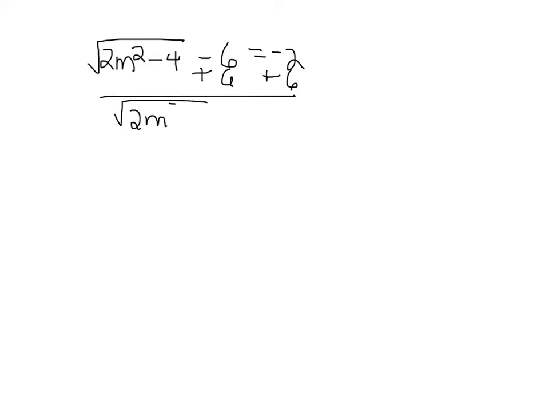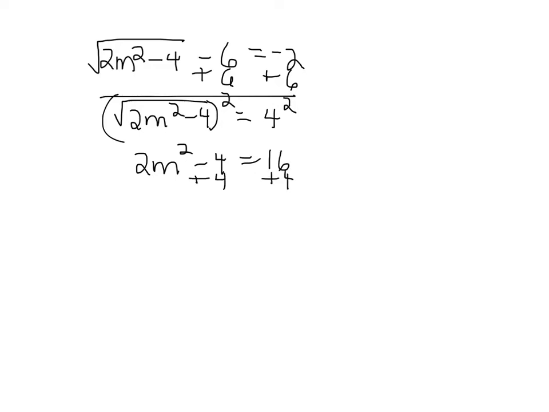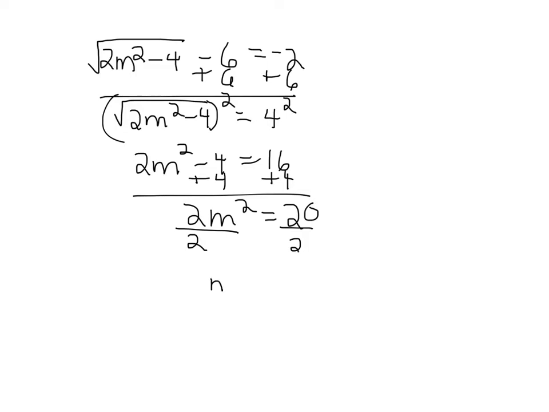I've got the square root of 2m squared minus 4 is equal to 4. I square this, and I'm left with 2m squared minus 4 is 16. I add 4, and I find out that 2m squared is 20. Now, I divide both sides by 2, and I find out that m squared is 10.